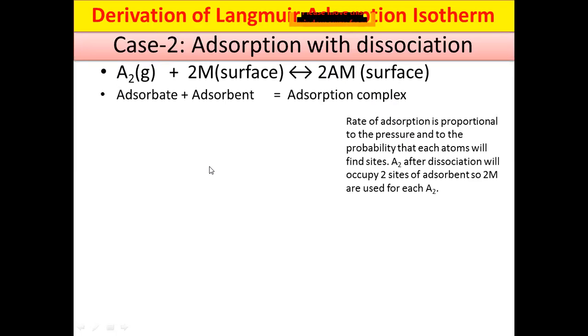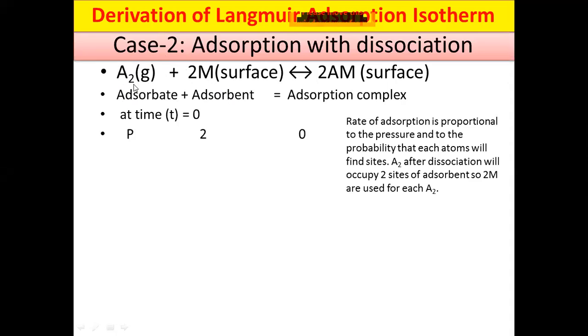So here the rate of adsorption is proportional to the pressure of the gas, and of course the adsorbent, but each atom of the available sites at the surface of the adsorbent is going to occupy two sites for one molecule of the gas, because this molecule is going to dissociate to form 2A.